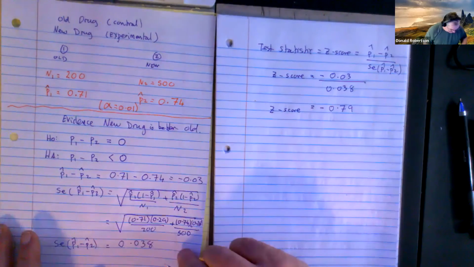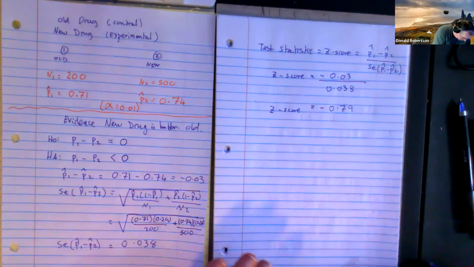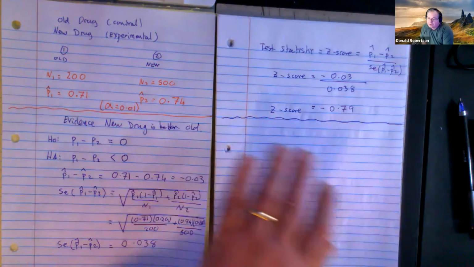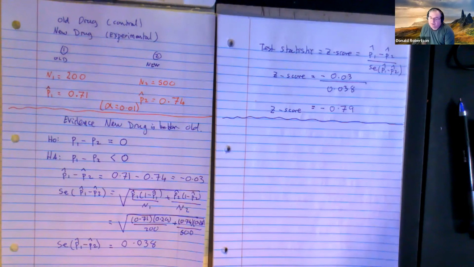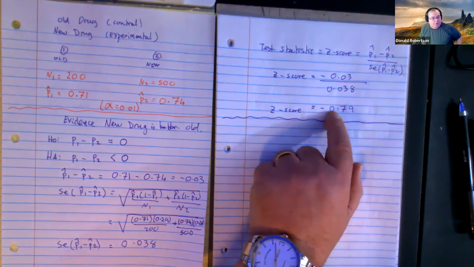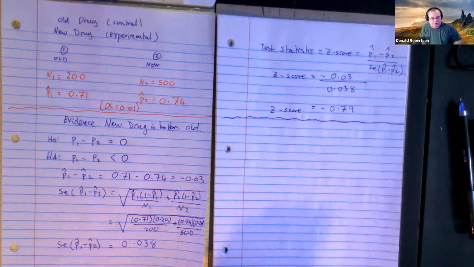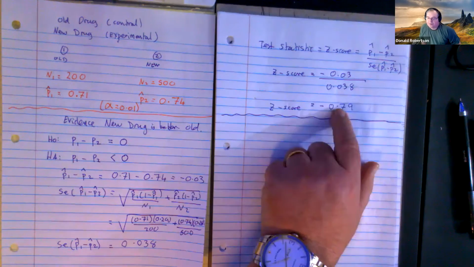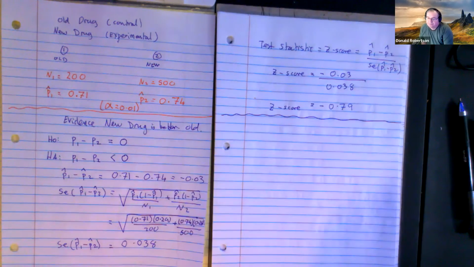Now we're going to finish this calculation, but I already kind of know that it's not going to be significant. How can I tell just looking at the Z-score that we're not going to be able to say the new drug does a better job than the old drug? What about this value? Z-scores need to be extreme to get evidence.